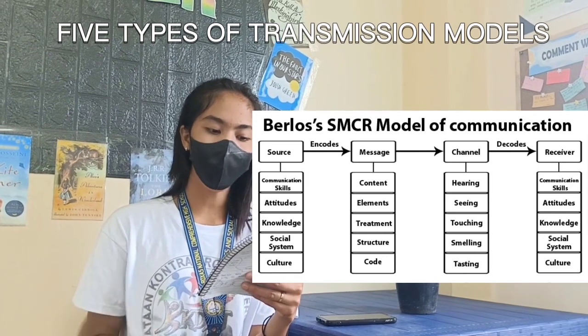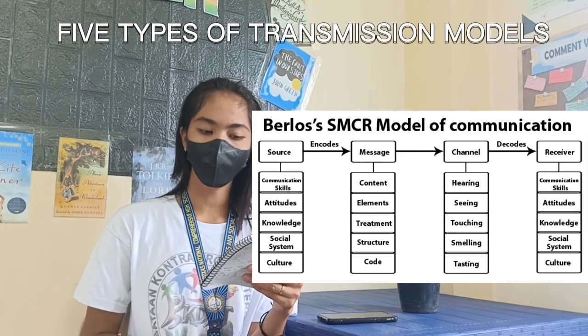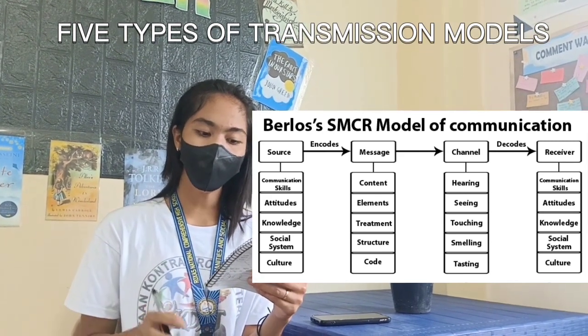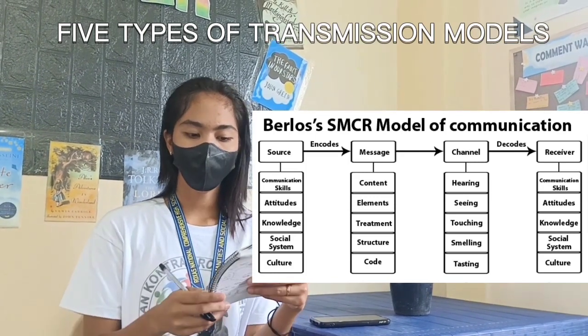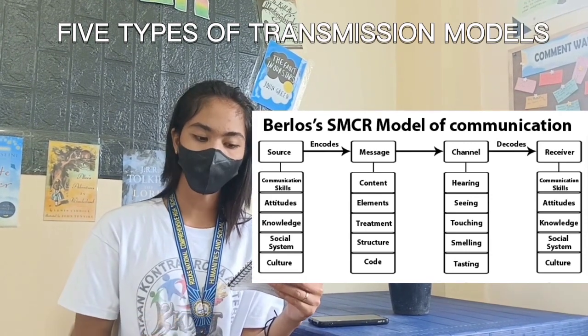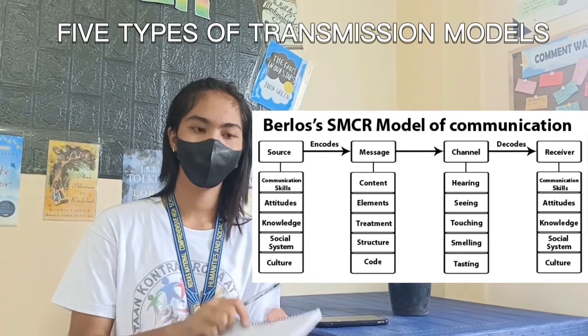In message, we have content, element, treatment, structure, and code. In channel, we have hearing, seeing, touching, smelling, and tasting. And in receiver, we have communication skills, attitude, knowledge, social system, culture.